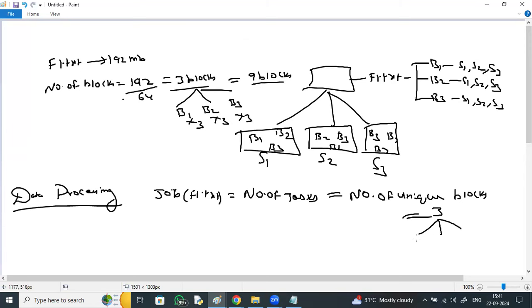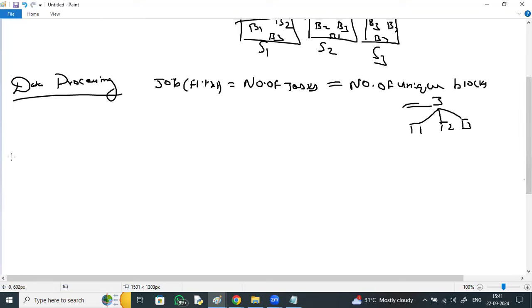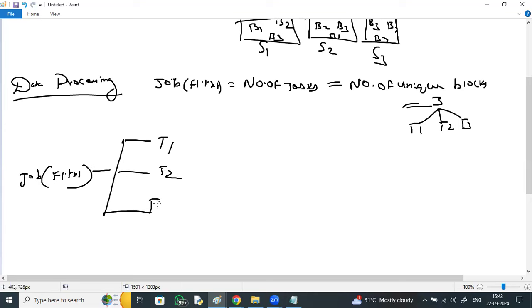So 3 tasks here: T1, T2, T3. T1 for executing B1, T2 for executing B2, T3 for executing B3.